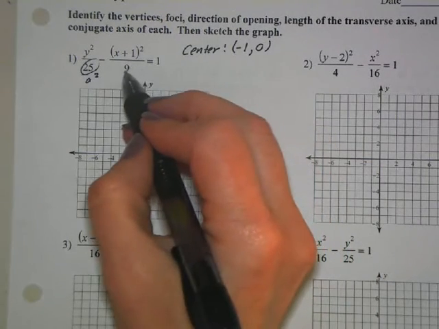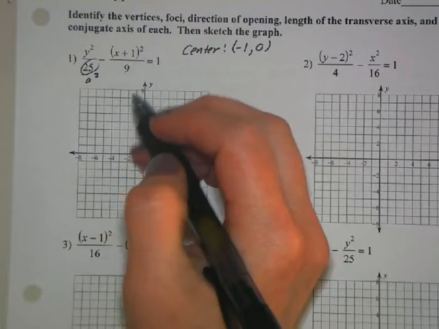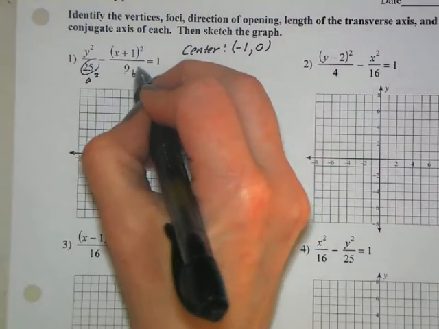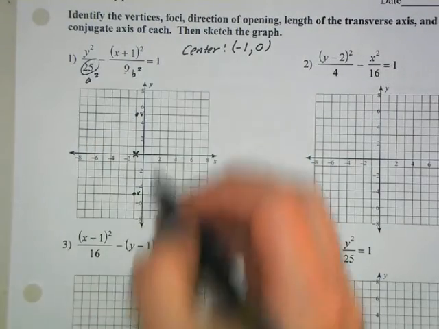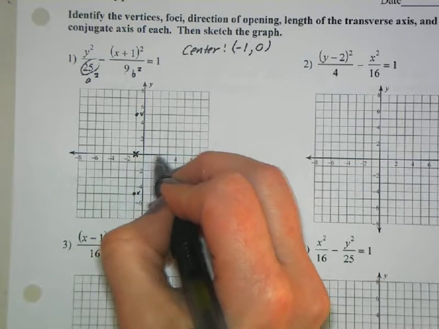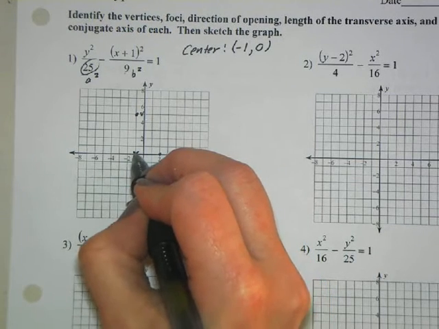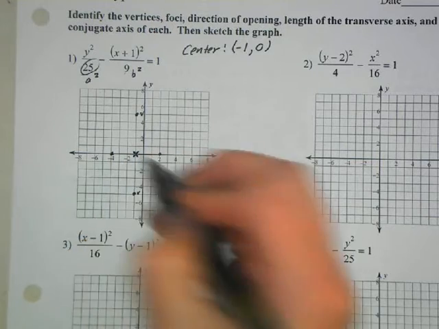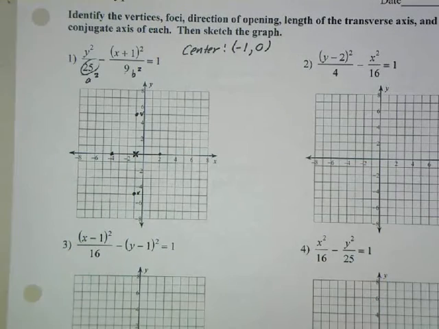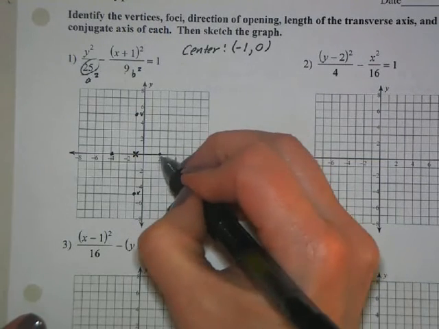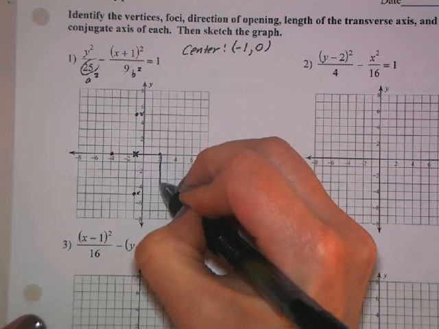Okay, so the b value, this is b squared, so the b value would be 3, and that would be a left and right. And this allows us to draw our box. If you want to get a ruler because you want to make sure they're all nice and neat little lines, then go for it.